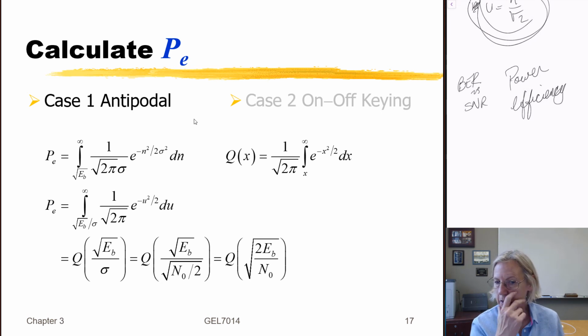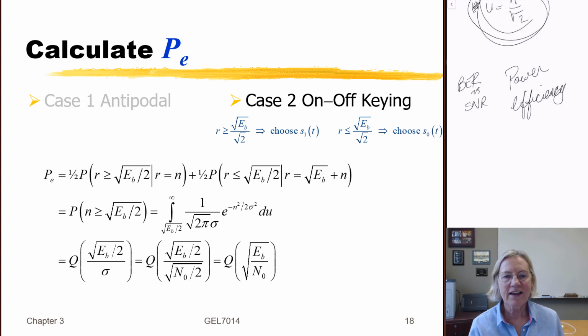It's very similar, so I'm not going to go through it again. I'll just cut to the chase, and the development is very much the same, except that the threshold is different. And because of the threshold being different, our calculation comes out a little differently. In fact, when we go through the math and we get to the end, the probability of error for the case of on-off keying is Q of the square root of EB divided by N0.